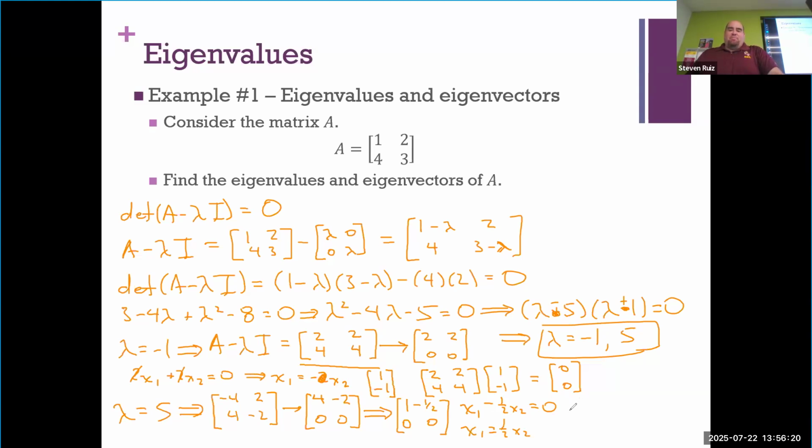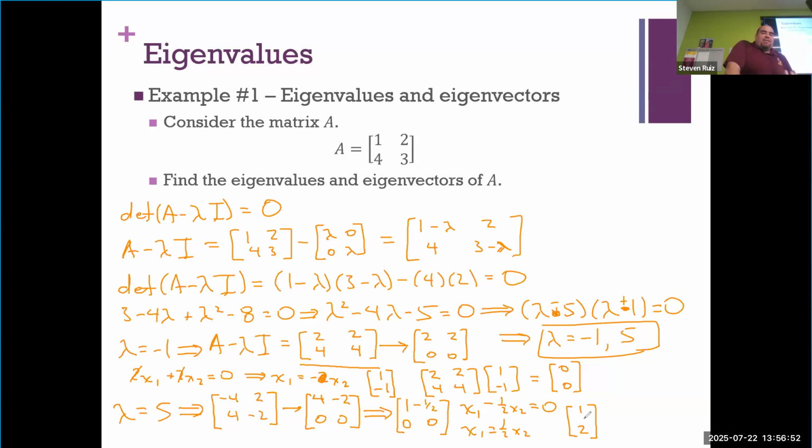And now you can pick any vector you want that fits that equation there. What was that? 2, 1. I don't agree with 2, 1. 1, 2. This is one thing I will caution you about on eigenvectors: reversal is really common. So make sure that you actually have the ratio the way you want and not the opposite.